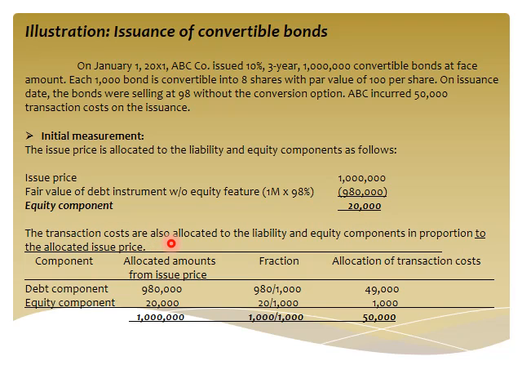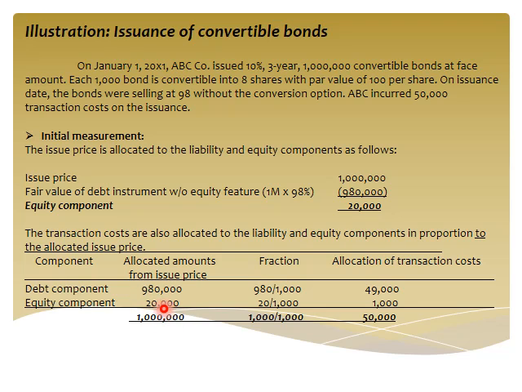The transaction costs naman are also allocated to the liability and equity components in proportion to the allocated issue price. Di ba meron tayong additional transaction cost of 50,000? Anong gagawin dito? I-allocate din natin between the liability and equity component based sa na-issue sa kanila na amount. So, yung allocated amounts from issue price kay debt is 980,000, and yung allocated kay equity component, yung residual is 20,000.